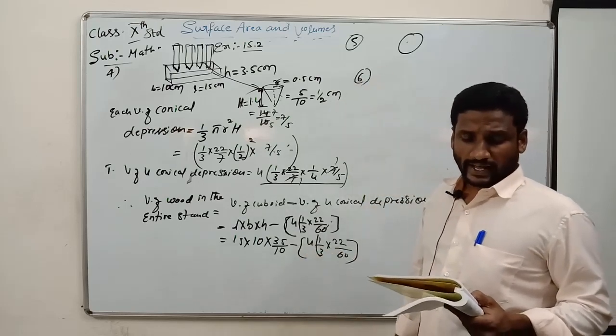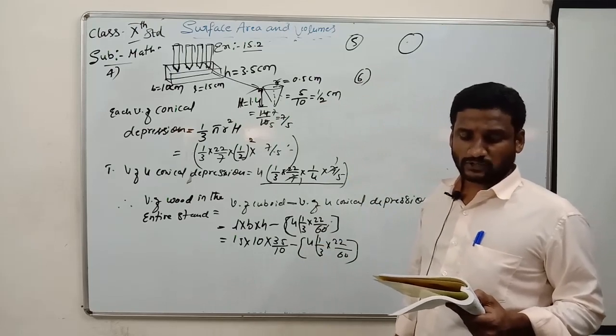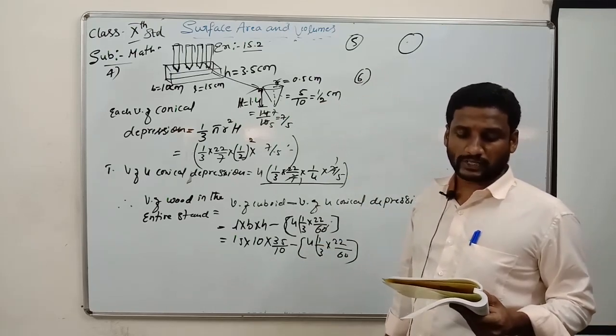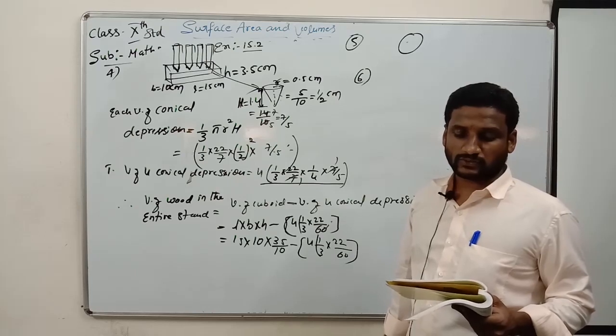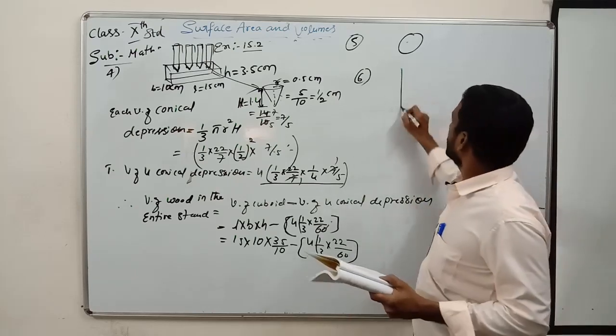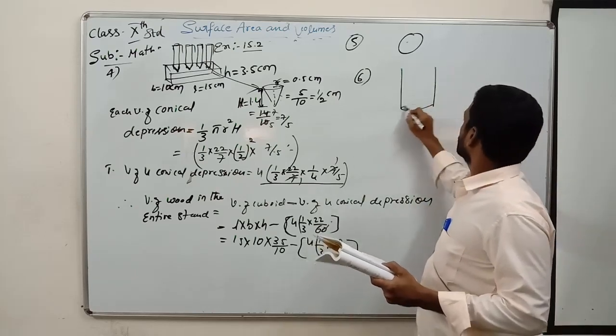A solid iron pole consisting of a solid cylinder of height 220 centimeter and base diameter 24 centimeter. So this is a solid iron cylinder.